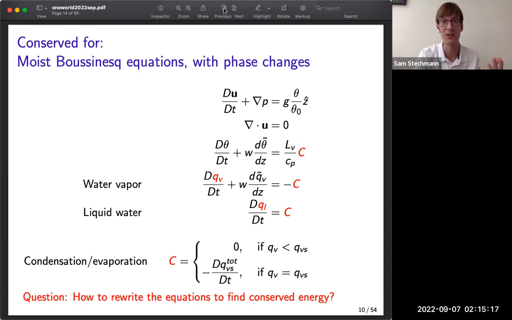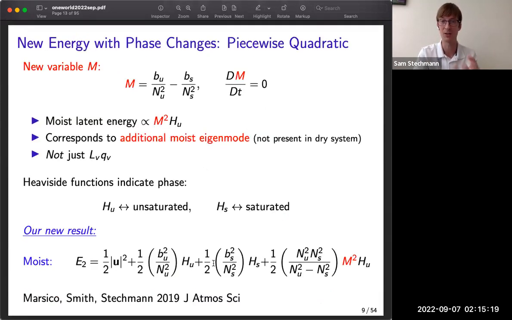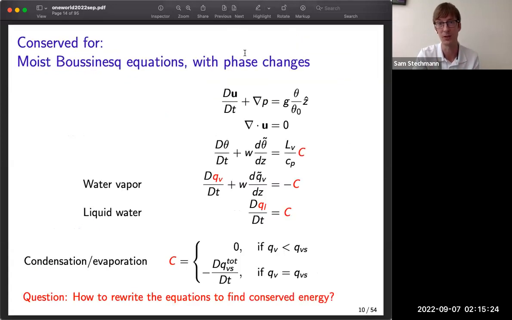And so I like this case because you get this really nice looking, piecewise quadratic energy if you don't have supersaturation. You can write down energy statements, although I don't remember them off the top of my head when you start adding in the extra pieces, and I don't think you'll get a nice conserved quantity, but I'd have to look back at what we did for the Kessler case and think about whether you could do something with supersaturation here, even without rain. But yeah, that's a good question.